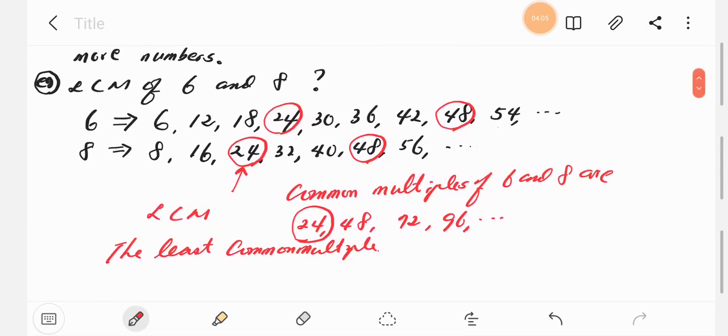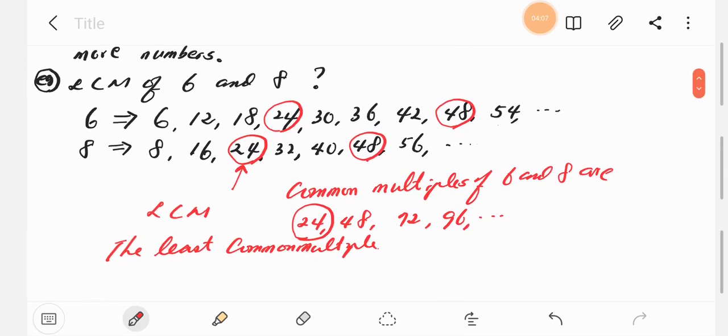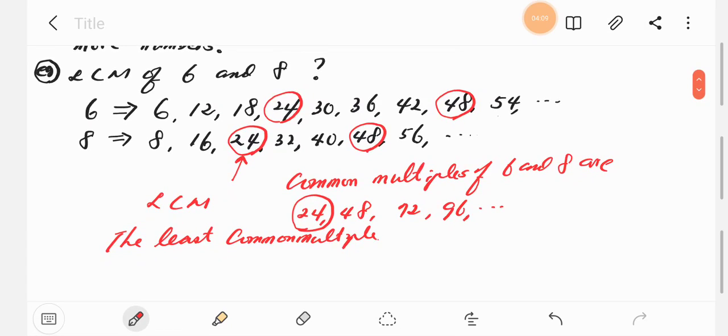So one way of finding the LCM is to find the multiples of each number, check the common multiples, and then get the smallest one. Always the common multiple comes from the larger number. 8 is greater than 6.